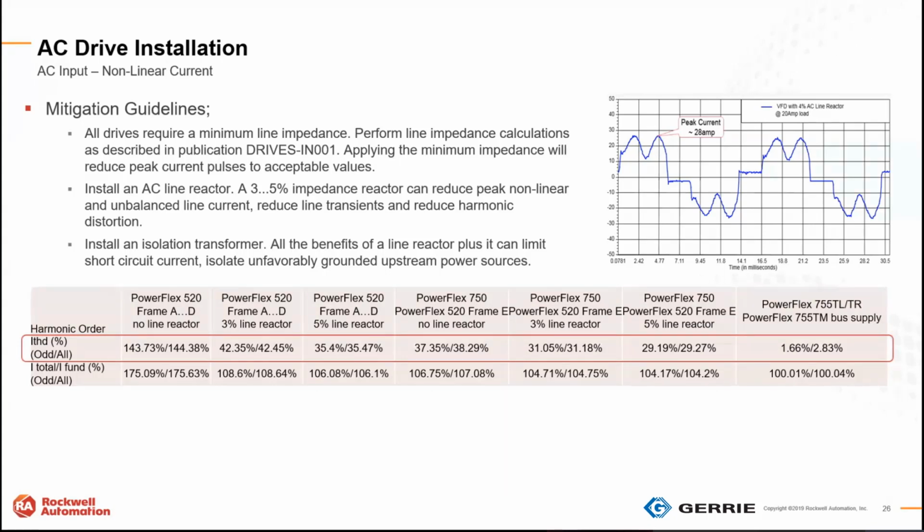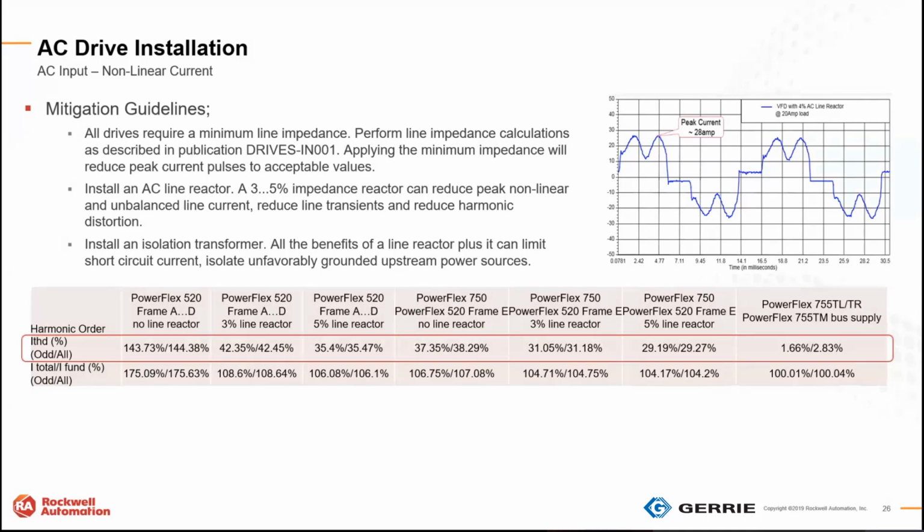So when we can go from a 38 to a 29 by adding a 5% line reactor, it's money well spent as far as issues with harmonics back onto the system, as well as providing isolation from issues on the distribution system, being spikes or noise coming in from there.